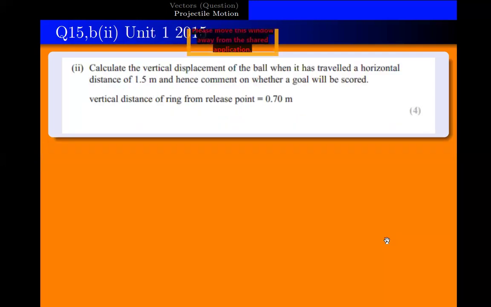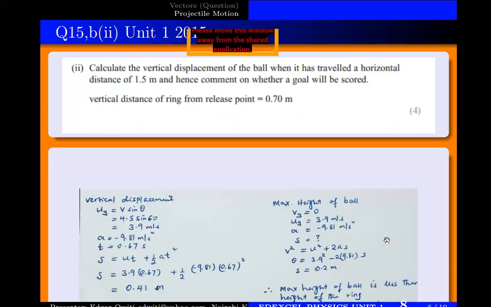So the second part is also on projectile, and it says calculate the vertical displacement of the ball when it has traveled a horizontal distance of 1.5 meters, and hence comment on whether a goal will be scored.